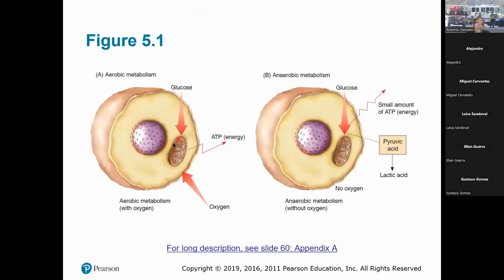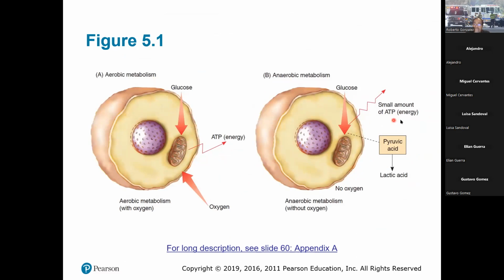We have this little structure in the cell called the mitochondria, and the mitochondria is the powerhouse of the body. What happens is you get oxygen and it travels to the mitochondria where it mixes with glucose and it causes the mitochondria to function and give energy.